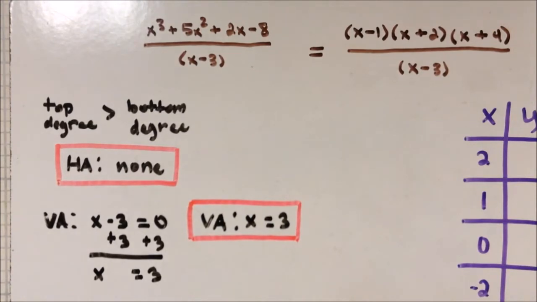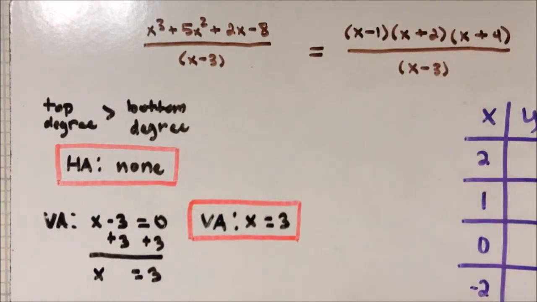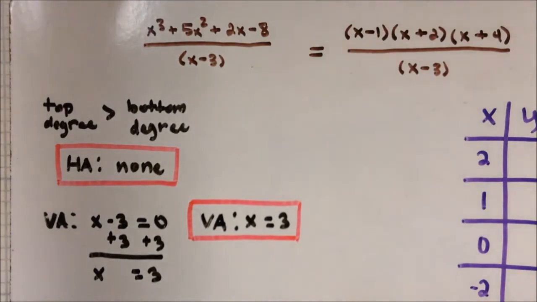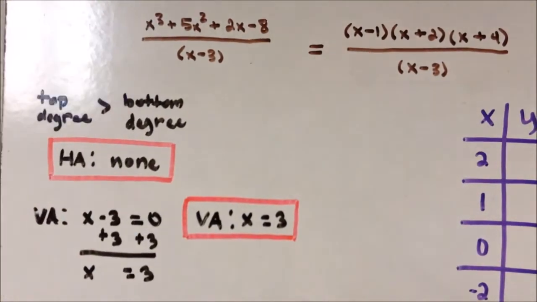So we're going to do some work for x-intercepts, and then some work for the y-intercept. Again, for x-intercepts, you just look at the factors in your numerator. For the y-intercept, you plug 0 in for all the x's. So I'm going to do some work for the x-intercepts.